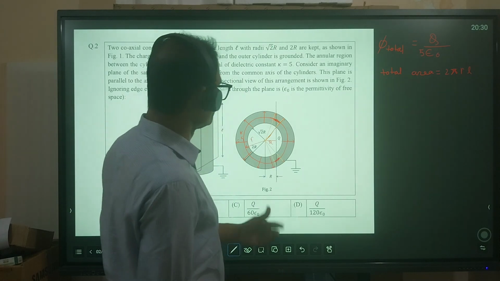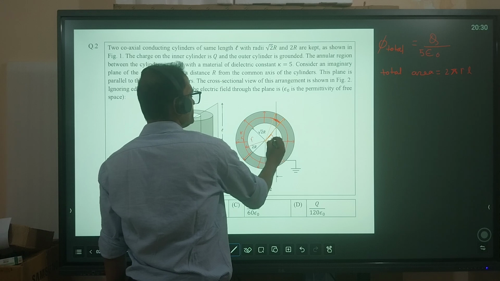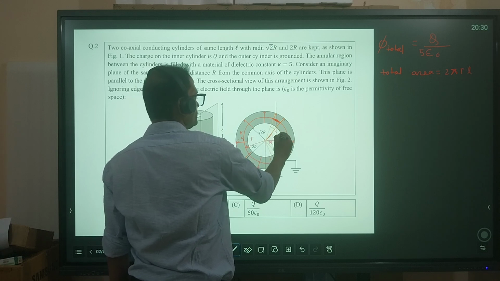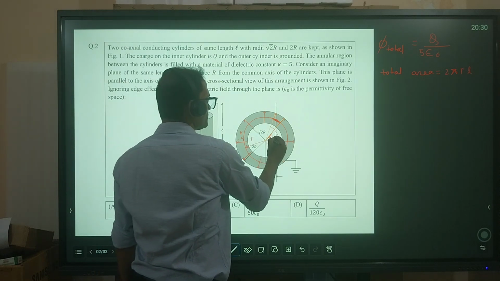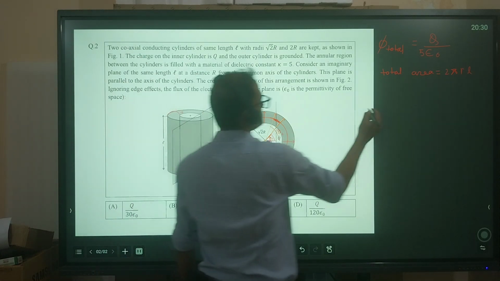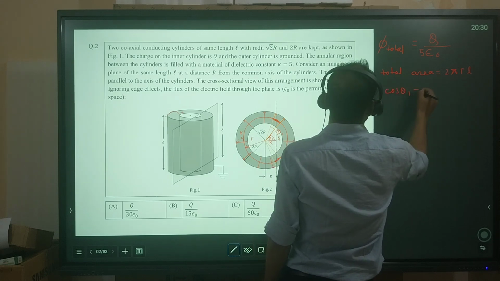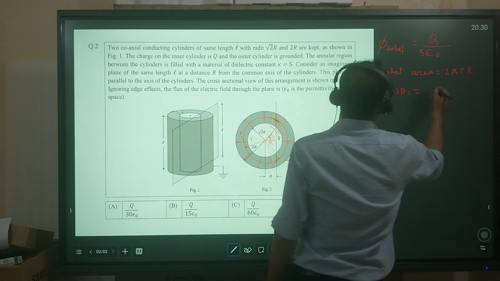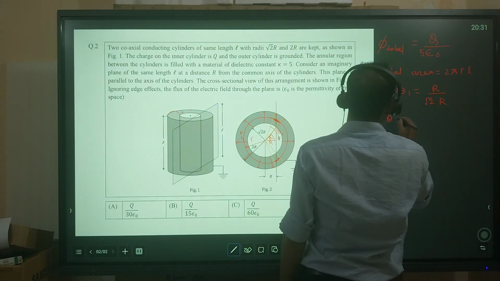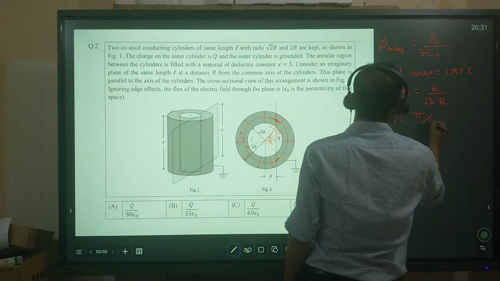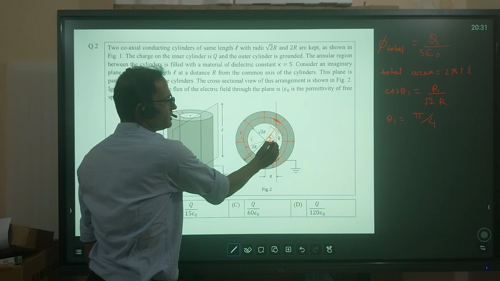We have good news: this angle will be 45 degrees, and this angle will be 60 degrees. I will call it theta 1 and theta 2. Cos theta 1 is r by root 2r, so theta 1 is pi by 4.